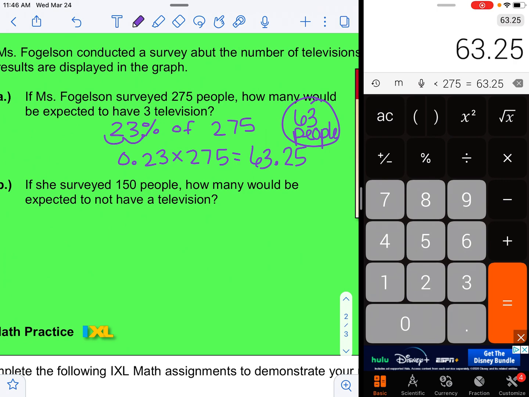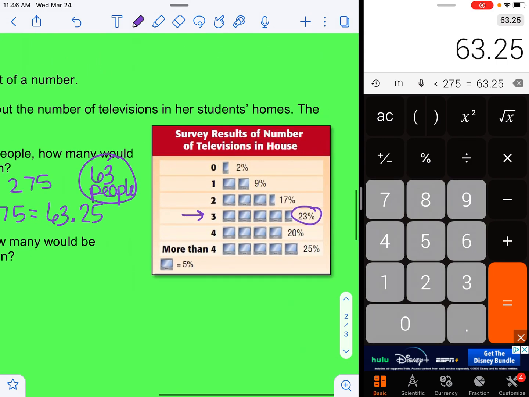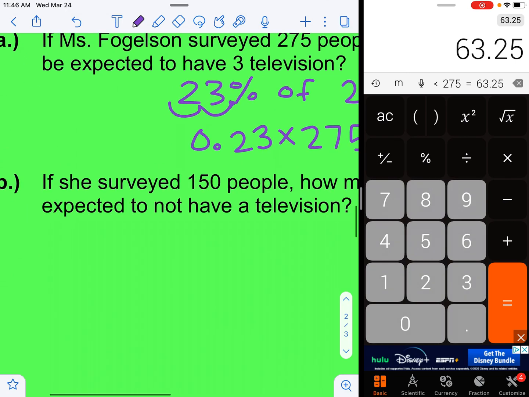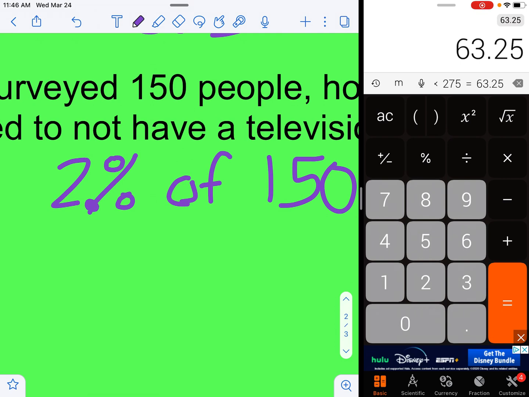And our last problem, if she surveyed 150 people, how many would be expected to not have a television? So taking a look back in our chart, how many people don't have a television? All right, 2%. So what we're going to do is find 2% of that 150 people. Okay, so we're doing the exact same thing.